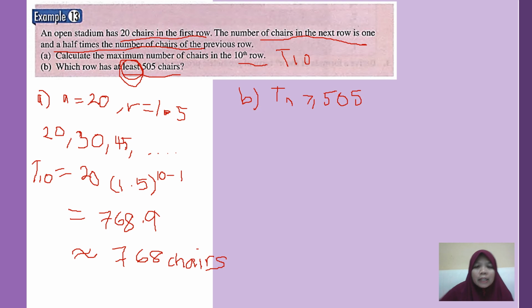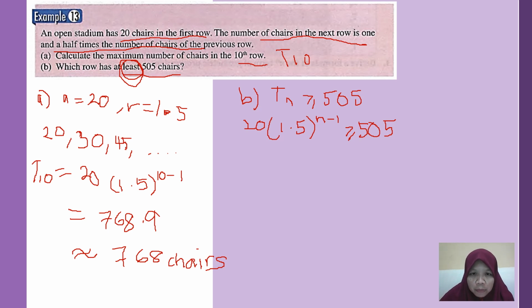Applying the formula, 20 times 1.5 to the power of n minus 1 is greater than or equal to 505. Then how to solve this? Just apply the previous lesson: we use logarithms to find n.